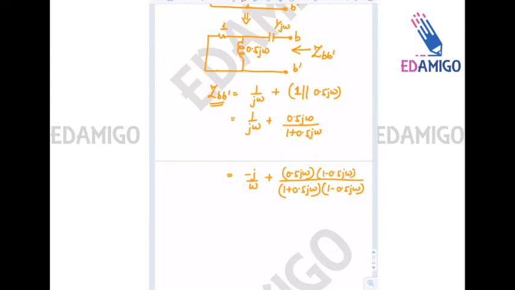Okay, so minus j upon omega plus, the denominator will be 1 plus 0.25 omega square, and in the numerator it will be 0.5 j omega plus 0.5 multiplied by 0.5 omega square.